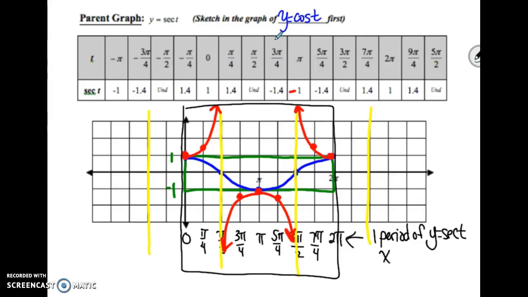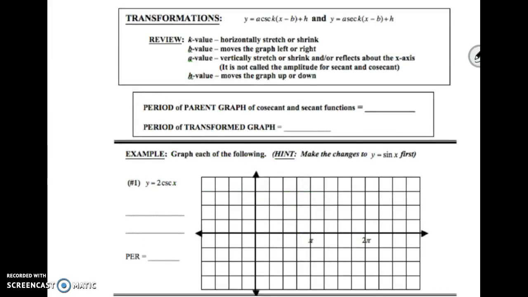And again, our x values for this graph go from 0 to 2 pi. And our y values go from negative infinity to positive. Of course, we can transform cosecant and secant just like we can transform any of our trig function graphs.